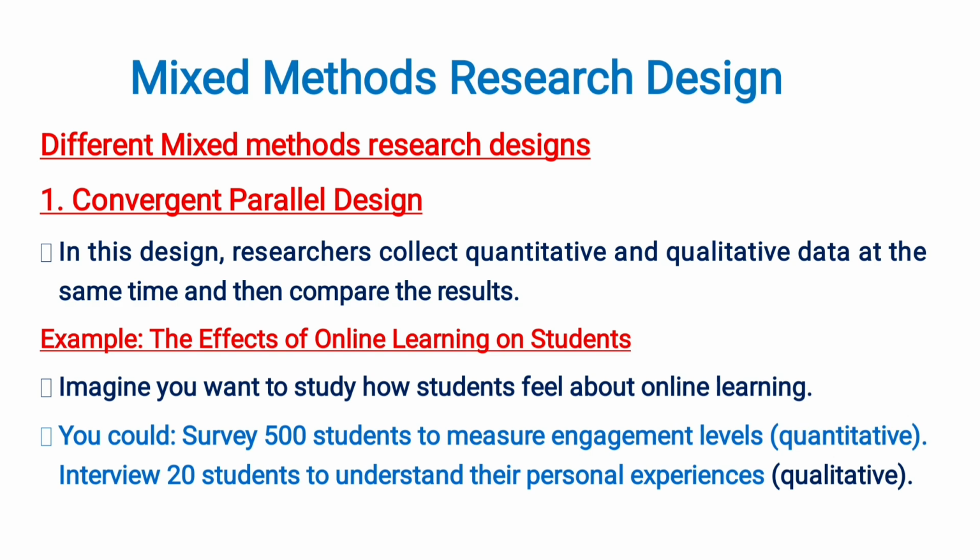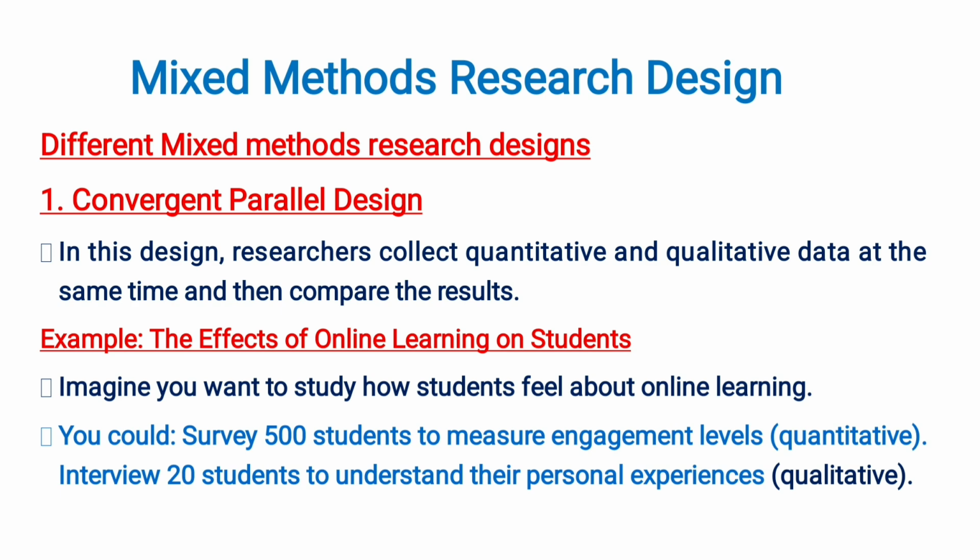And you may interview 20 students to understand their personal experience, which is qualitative one. So if the survey shows high engagement, but the interview reveals the students actually feel isolated, you have uncovered an important insight, because numbers alone wouldn't have told the full story, guys.